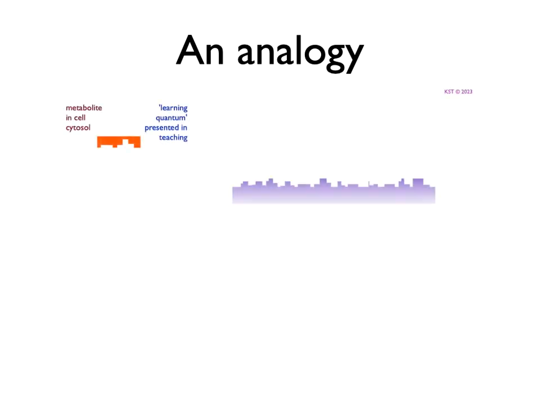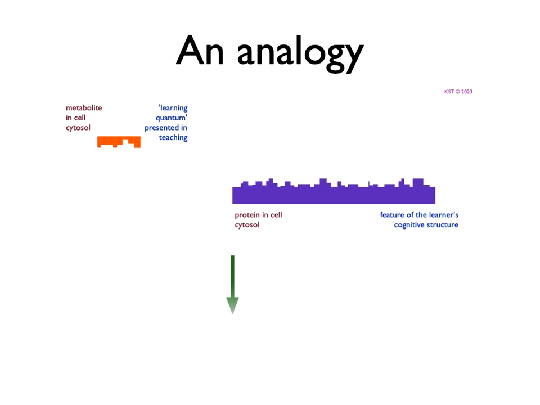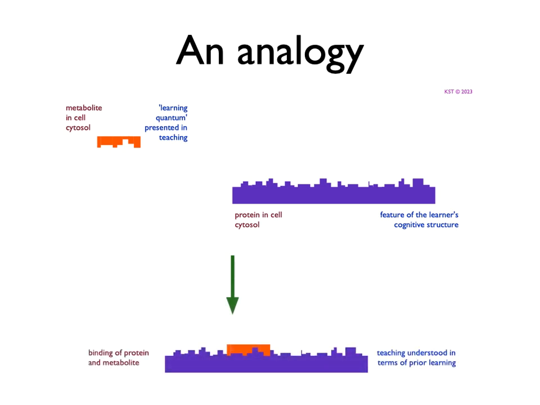Another analogy that might be useful to catalyse your understanding of the model will be the binding of a metabolite in a cell with the relevant protein. What could go wrong?